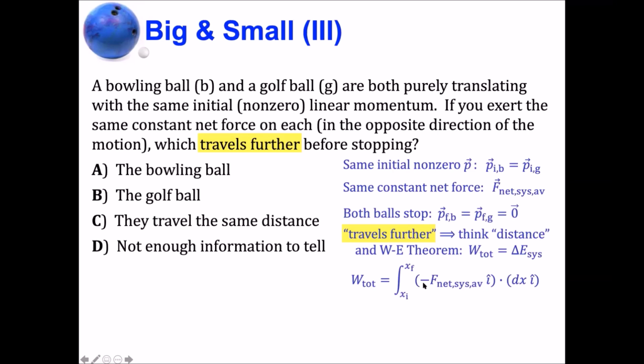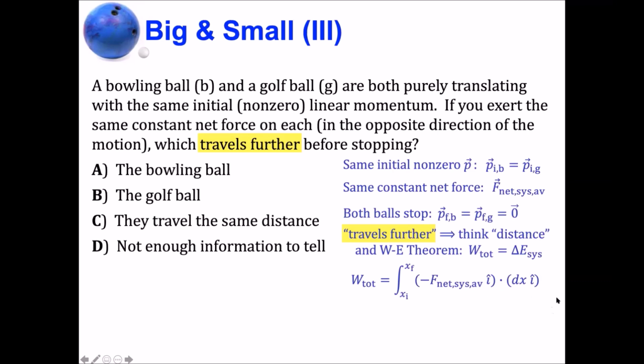So minus this net average force that acts on the ball along the x-axis is going to be dotted with that differential displacement vector that describes how the ball travels along the x-axis as the ball begins at some initial position x sub i and it finishes up at some final position x sub f. This is an easy integral to evaluate because the net force is constant, and when I take the dot product of these two i hat unit vectors with each other, I'll get 1.